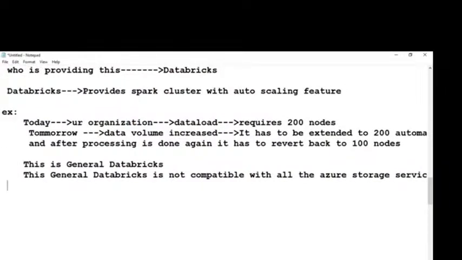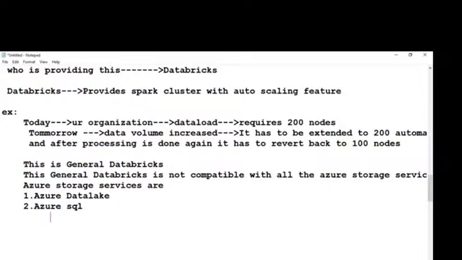What are the Azure storage services? Azure Data Lake, Azure SQL, Azure Cosmos DB.